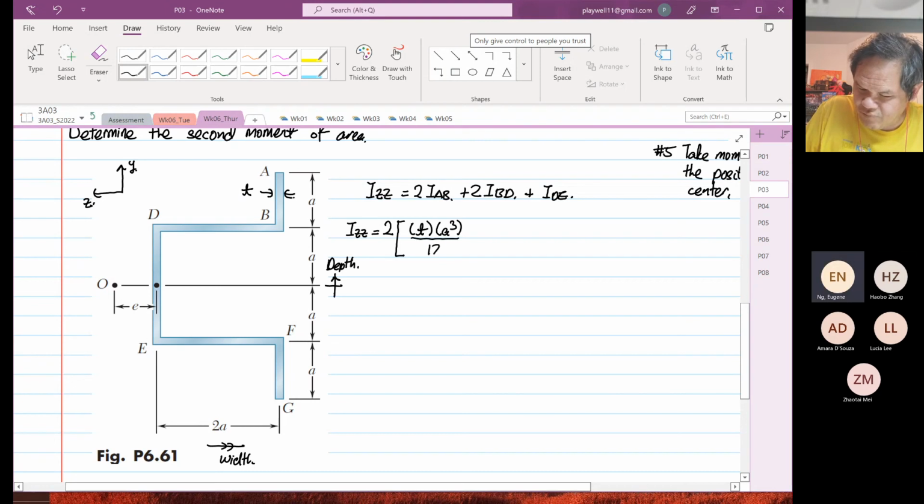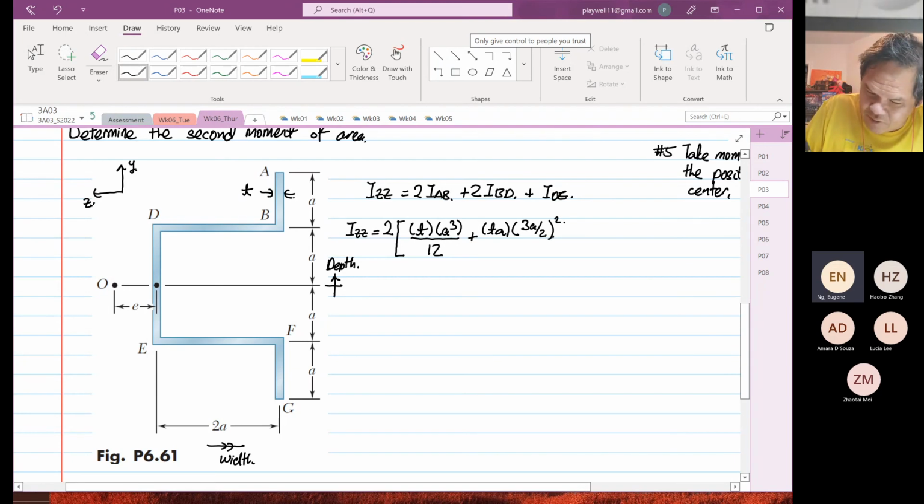over 12. Okay. So now there's an offset distance. So plus the area. Right. So that's the area, and we're going to multiply by 3A over 2, and this is squared.